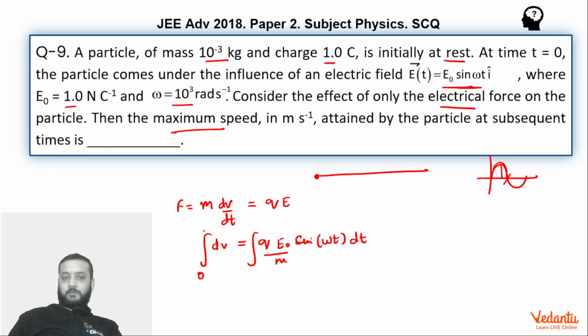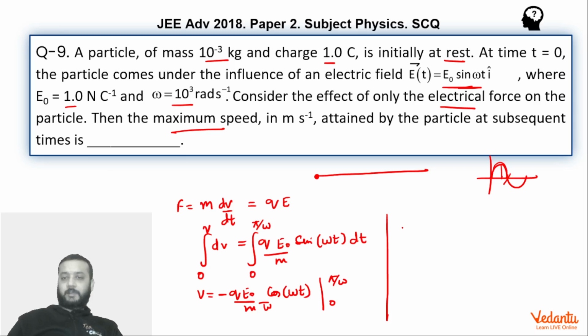At time 0 the velocity was 0, and at time t, when omega t becomes pi, therefore we can say that t would have become pi by omega, or half the time period from 0. So this becomes v equals q E naught upon m. The integration of sine theta is minus cos theta upon omega, and from 0 to pi by omega.